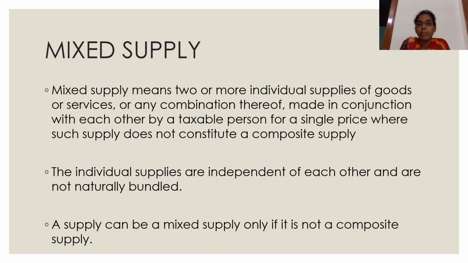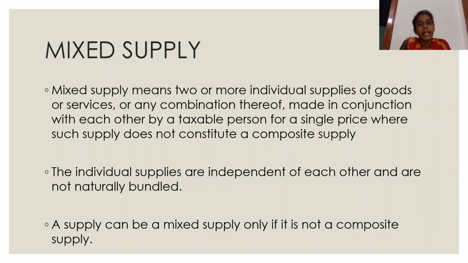Why? Because in composite supply we will have only one principal component, and all the others are dependent on the principal, predominant one, and the others would be called ancillary supplies. But in case of mixed supply, you cannot define which one is the predominant or principal supply and the others as ancillary ones.